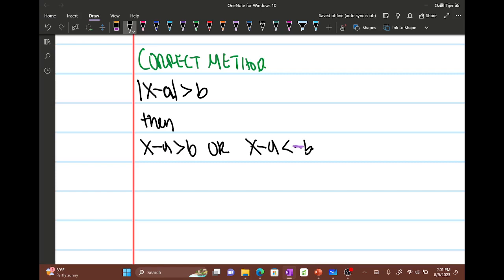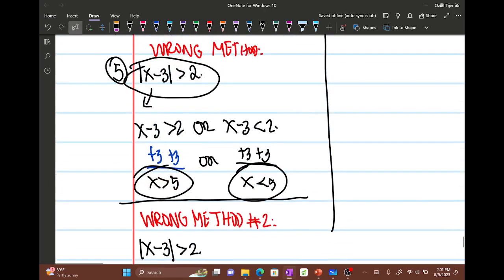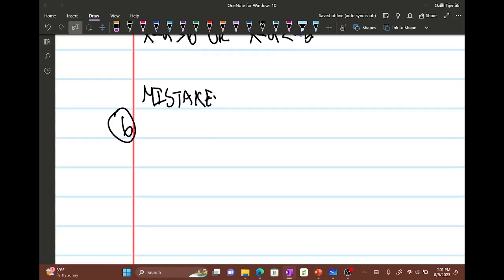And also, when it comes to actually solving, this is going to be mistake number 6. It's the idea that dividing by a negative in inequalities.